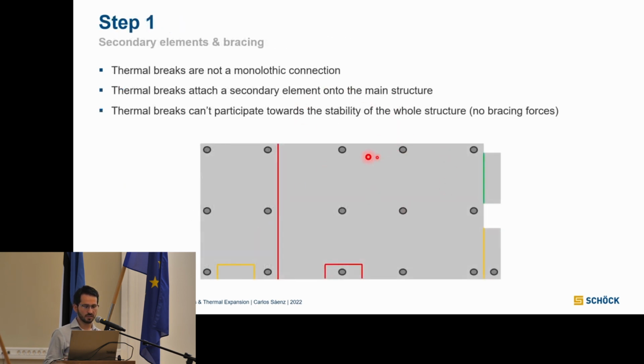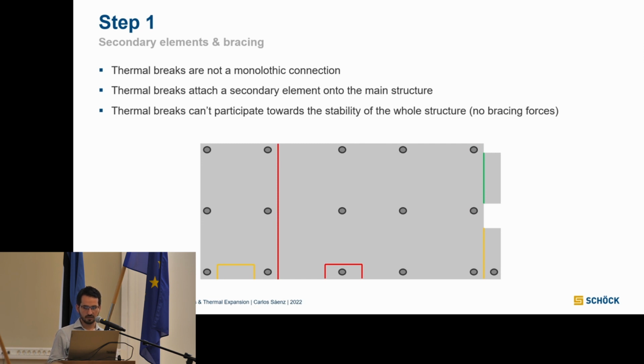The first step is to check that we don't have any bracing connections for our thermal breaks, because of the difference of rigidity. We cannot have rigid connections for our thermal break system. For example, this green one we see here is okay, because this is a cantilever, it's not a bracing connection.